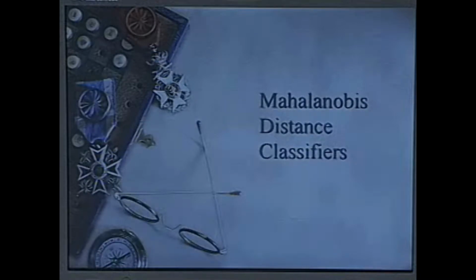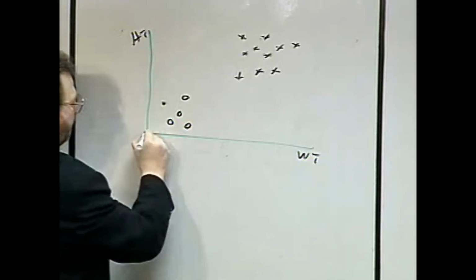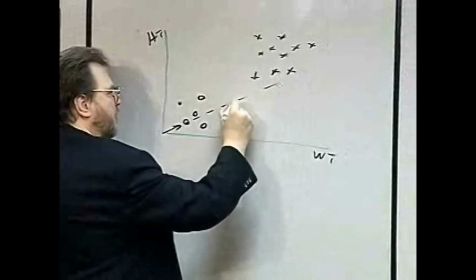Because when we take this idea of the jockeys, here's the weight and here's the height, and the basketball players up here. And we talk about any line which separates these two. That is, if we choose a Fisher vector here, this is our Fisher vector, maybe we chose a threshold here.